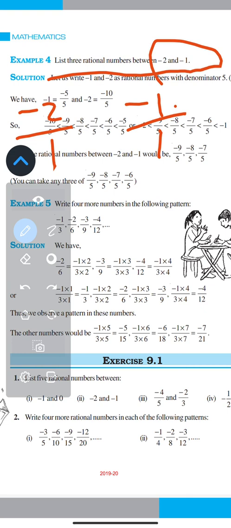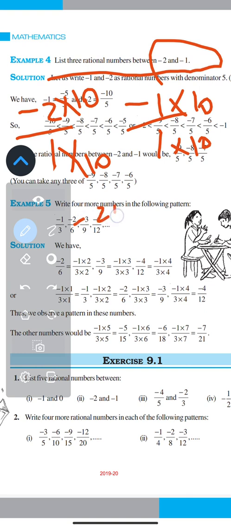So what do you do? You increase the denominator by multiplying with any number. I multiply here with 10, because multiplying with 10 is easier. So here also I multiply by 10. When I multiply the same number on the top and bottom, I get an equivalent fraction. So I get minus 20 by 10 and here minus 10 by 10.